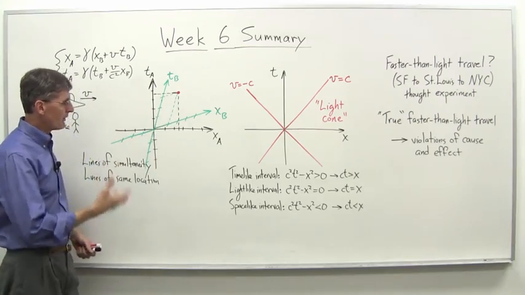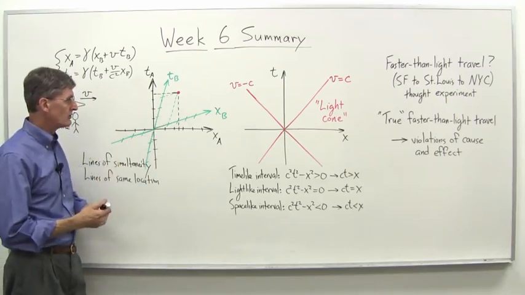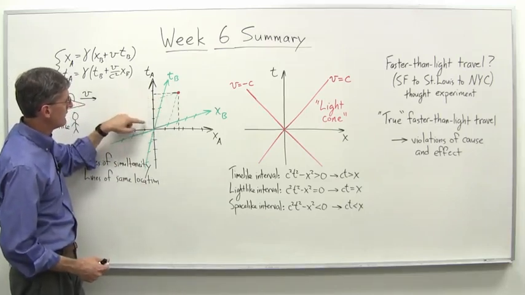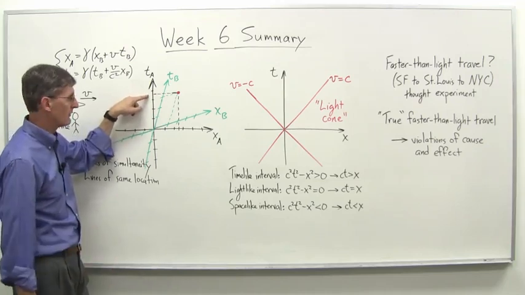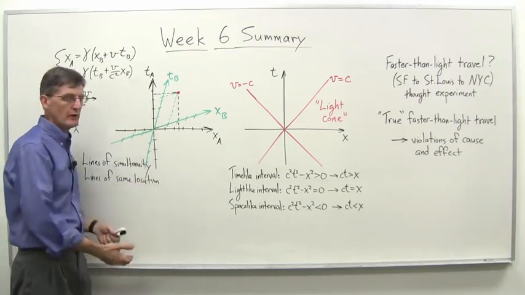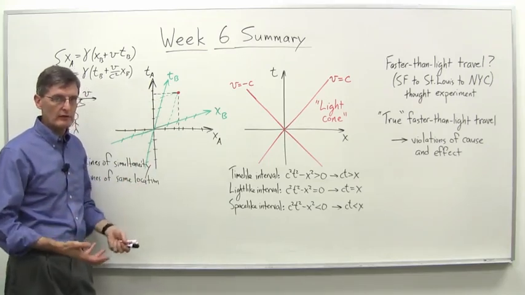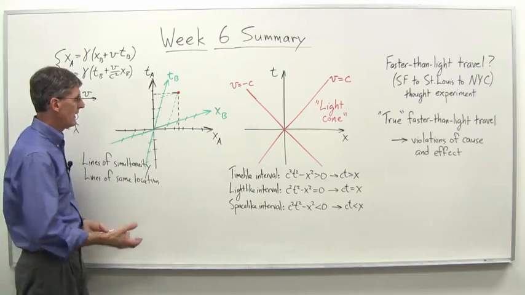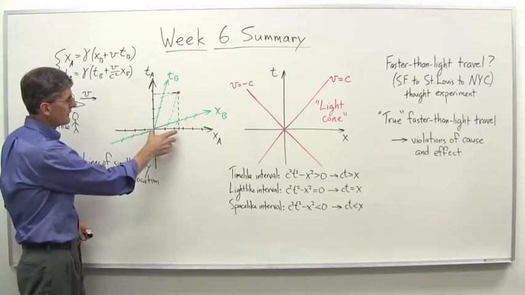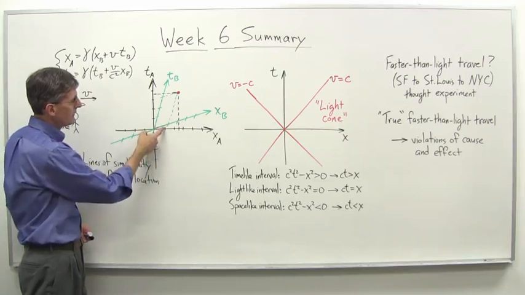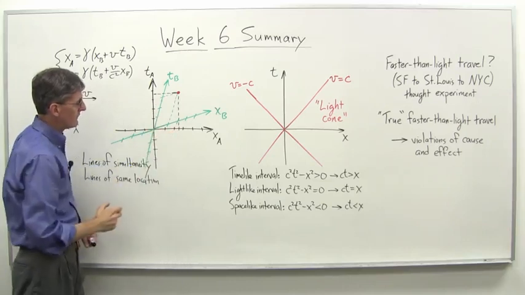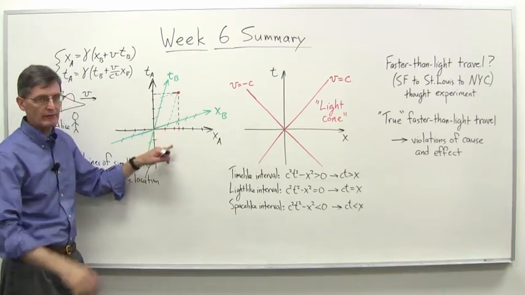We also noted that you can see time dilation on here, because for this event, Alice is reading a time of about 3.5, while for Bob, the time is 3. Alice, observing Bob's clock, would see it running slow, time dilation. The same goes for length contraction: Bob's distance is x sub b equals 1, while Alice reads x sub a equals 2.5 or something like that.